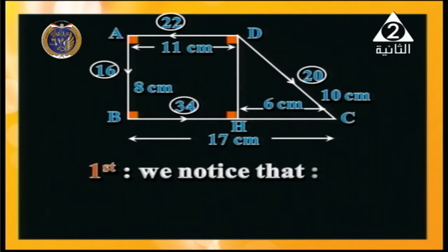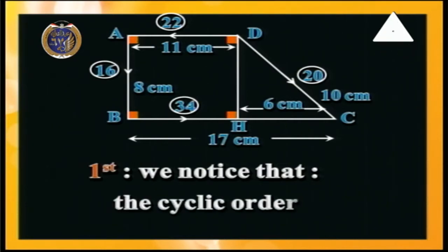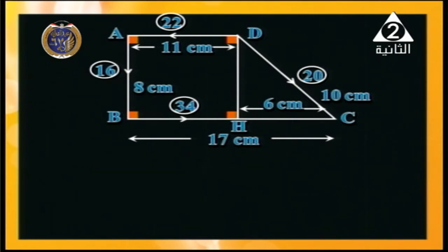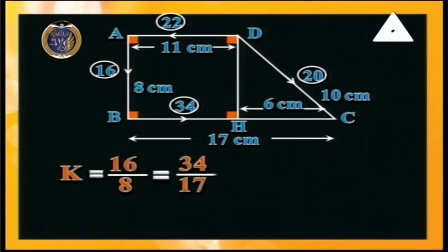We know that, my dear student, in cyclic order, K equals 16 over 8. Why? Because in AB the force is 16 and the length is 8. Also in BC the force is 34 and the length is 17, ratio equals 2.